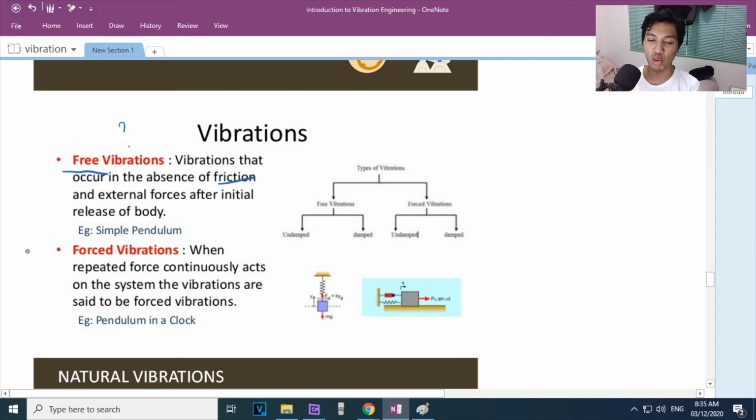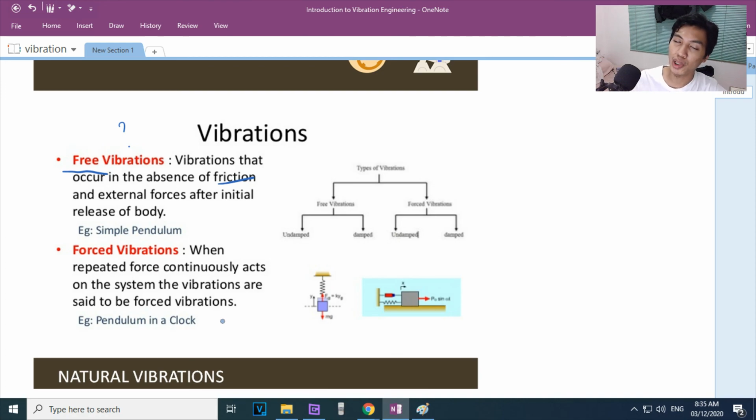Now, forced vibrations. When a repeated force continuously acts on a system, the vibrations are said to be forced vibrations. When you have a system, the mass, damper, and spring diagram. This is the representation. The pendulum is swinging. For a grandfather clock with a pendulum, you first need to push it to make it work.